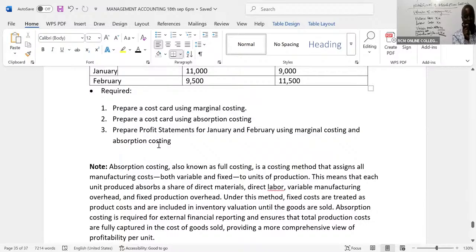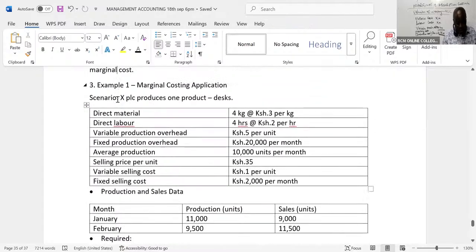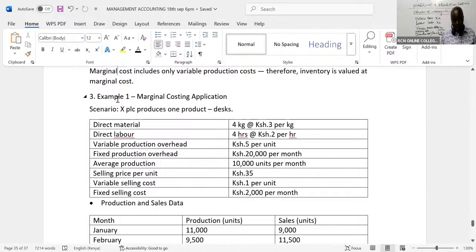You know, there will always be two types of page numbers. At the middle there you will see a question to do with the marginal costing application scenario. XPLC produces one product known as desks.